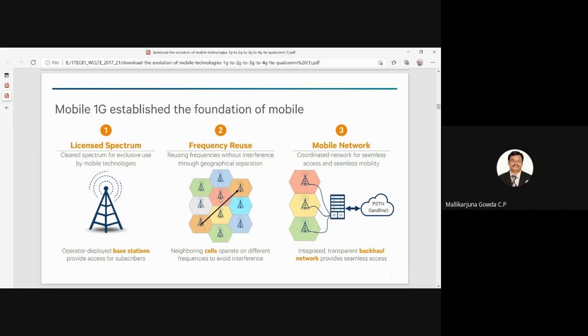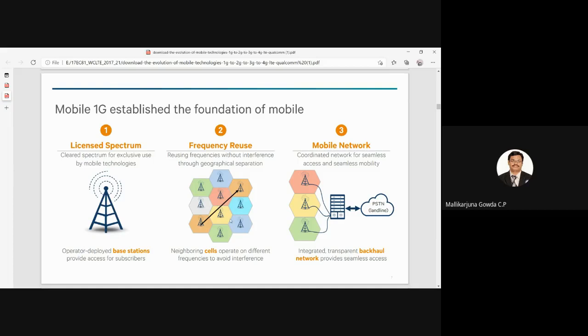As I said, the coverage area of one base station is known as the cell. With 2G, it is possible to cover up to 30 kilometers, and by reducing the power, even 1 kilometer, 5 kilometers or 15 kilometers, right? With that, we can increase the number of base stations with some pattern.